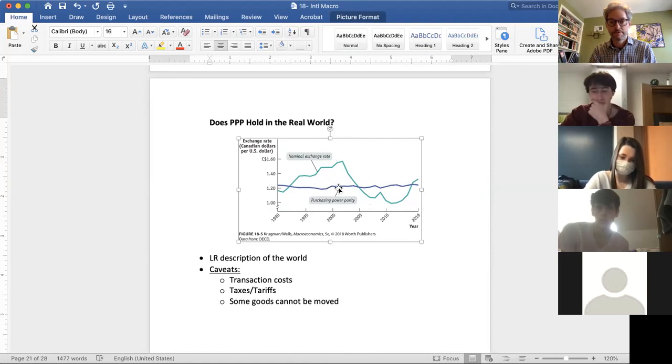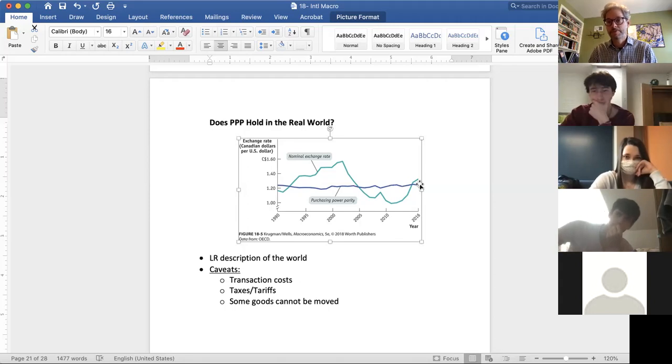But the blue line is the purchasing power parity exchange rate, basically the real exchange rate. Now, is the real exchange rate equal to 1? No, you notice that it's close to 1.2. So it's close to 1, but it's not exactly 1.